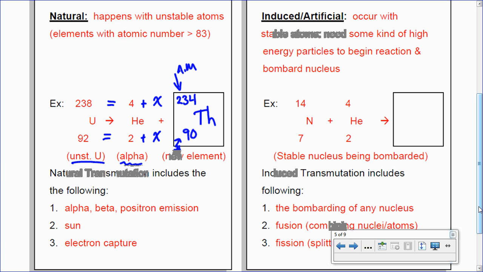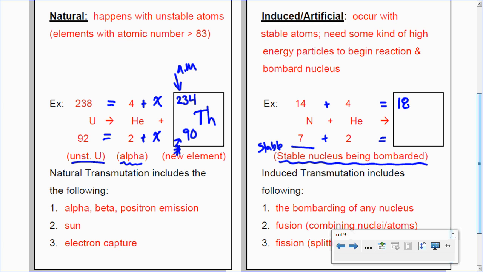So what we've done is we take a stable nucleus being bombarded. Here's a stable nucleus, nitrogen. That's stable. And we hit it with some helium particles. Now, the same deal works when we're doing our transmutation here. We add the atomic masses, we add the atomic numbers, and we figure out which element we've got. 14 plus 4 is 18. 7 plus 2 is 9.